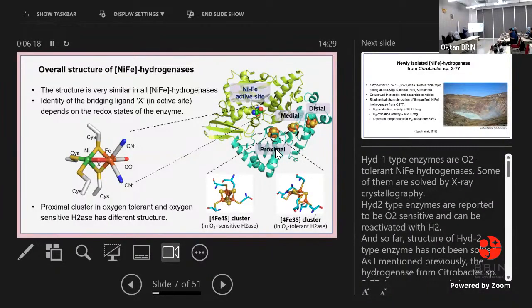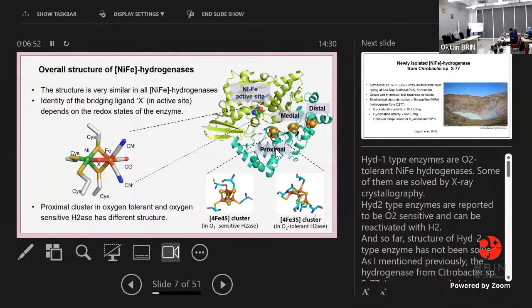If X is hydroxide, or OH minus, it is in the inactivated form. And if it is hydride or hydrogen in this position, it is in the activated form.